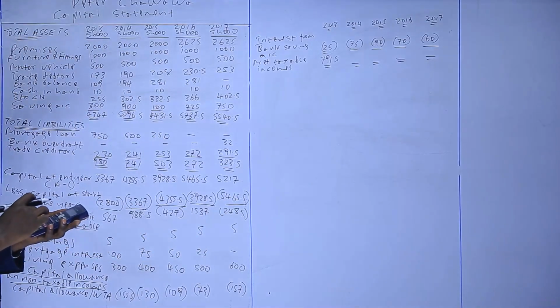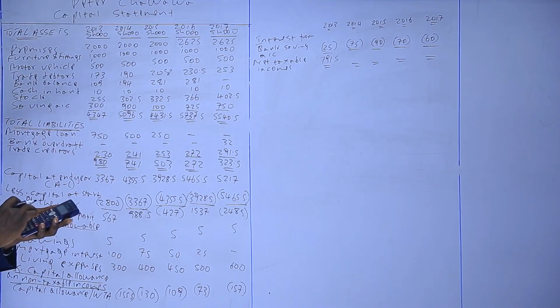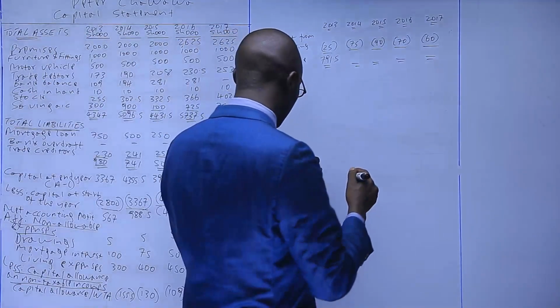Next, 988.5 plus 480 minus 130 minus 75, 1263.5.